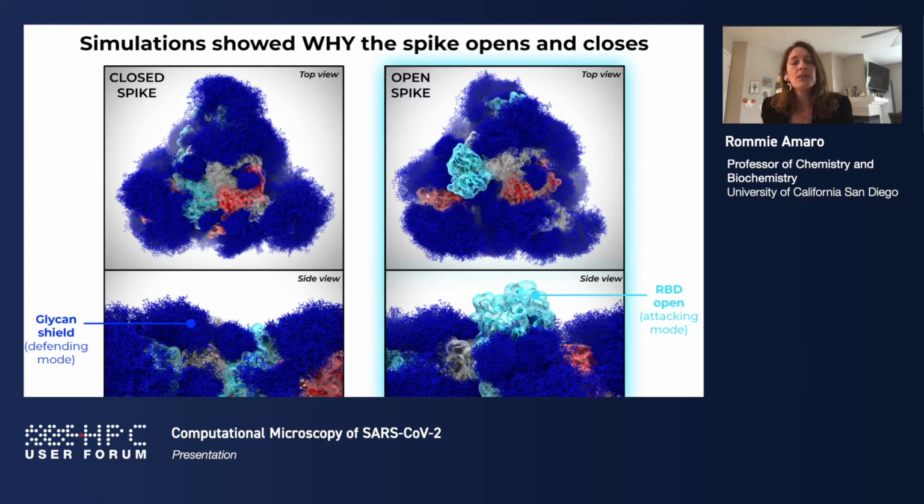But I often think that if they had been able to see the glycans in their pictures, that they were able to capture using cryogenic microscopy, they instead would have called this the shielded mode and the exposed mode, or the defending mode of the spike and the attack mode, because it has to be in this up and exposed conformation in order to actually infect the cell.